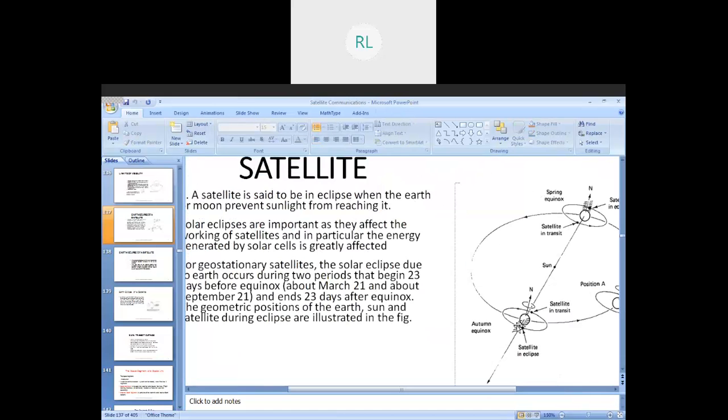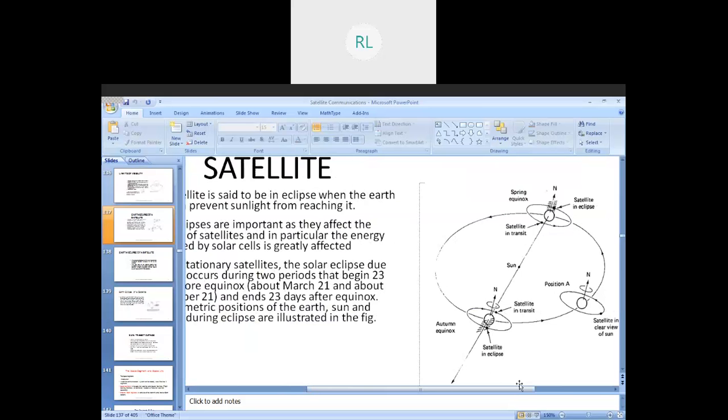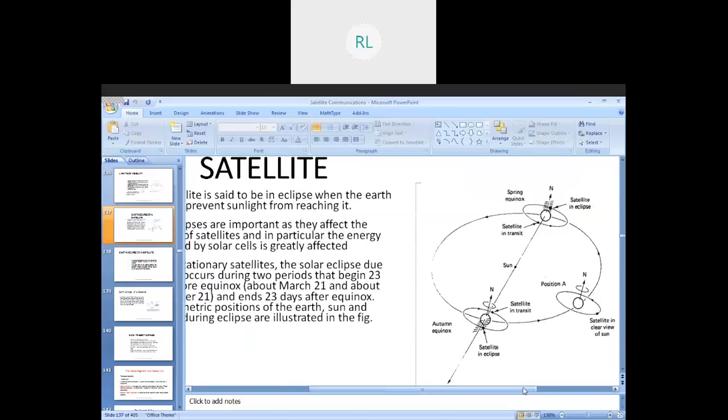The geometric positions of Earth, Sun, and satellite during the eclipse are illustrated. So you can see here the Earth's north direction.